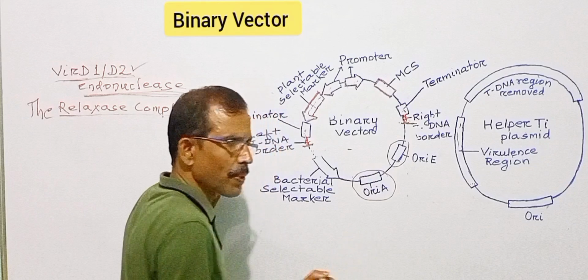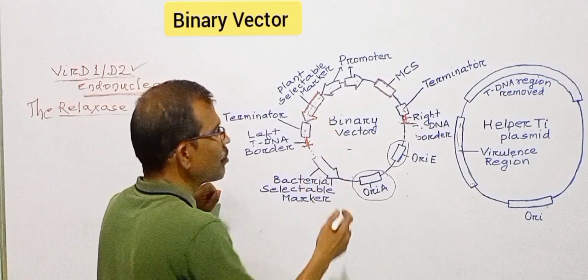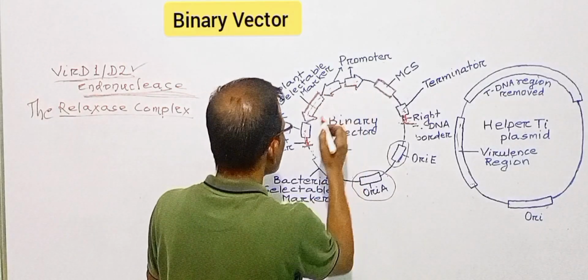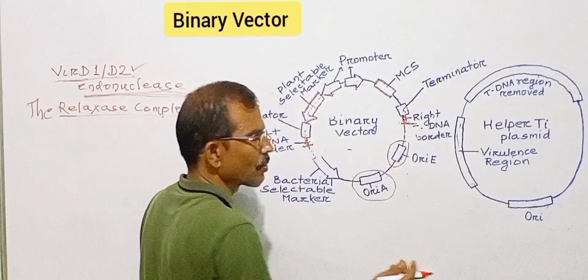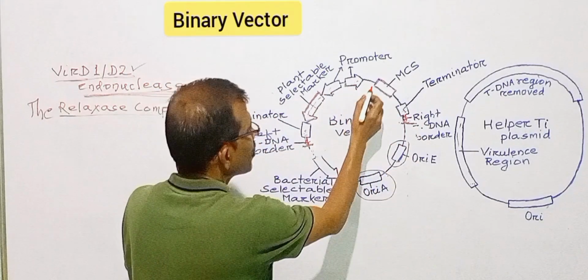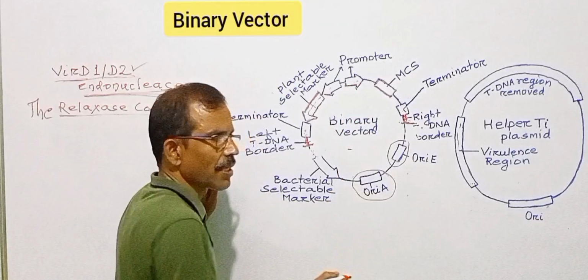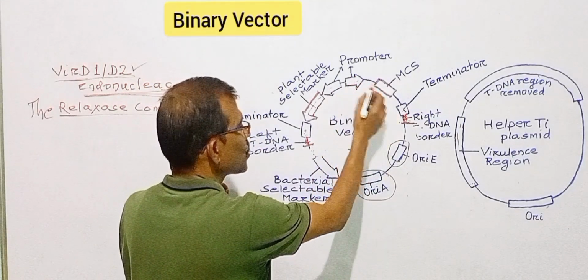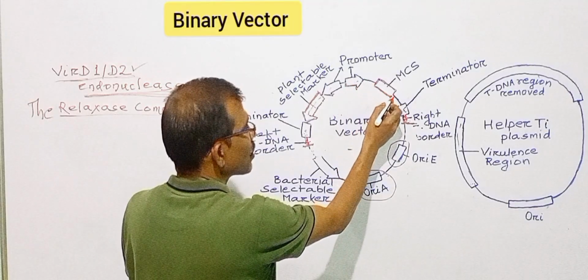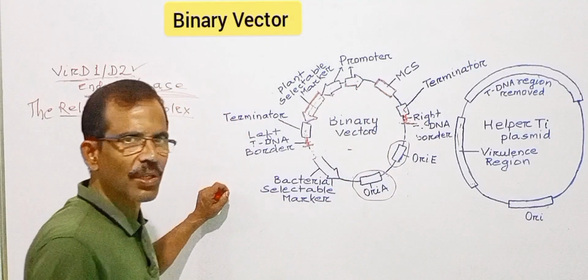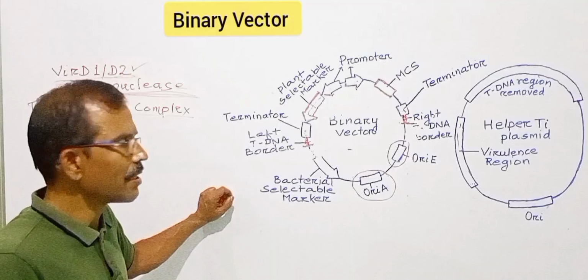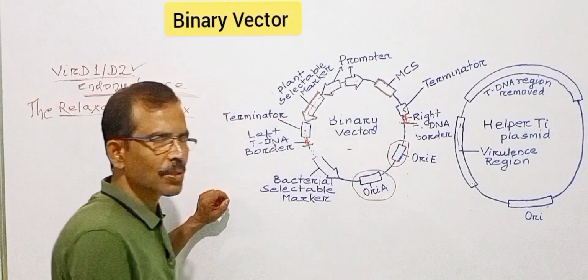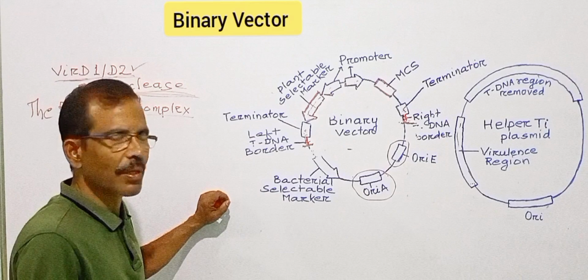Both the gene of interest and the selectable marker are associated with specific promoter and terminator sequences. Promoter is the specific region at which RNA polymerase binds in order to start the transcription of the associated gene. On the other hand, terminators serve as a signal for termination of transcription.